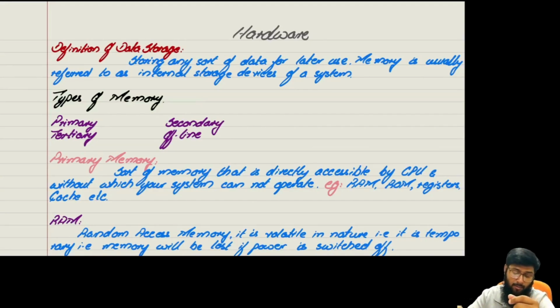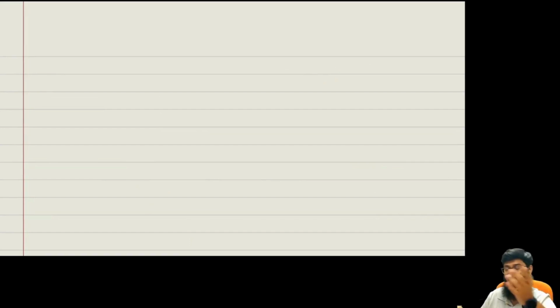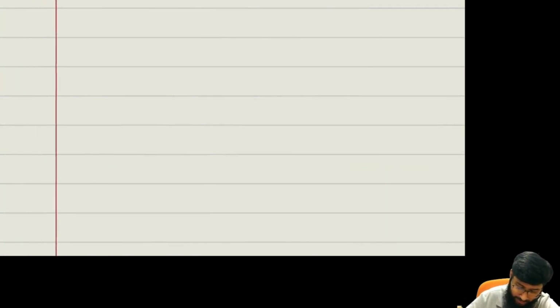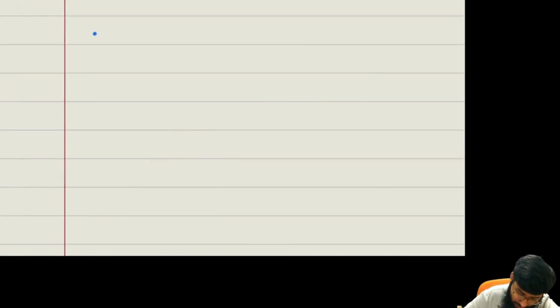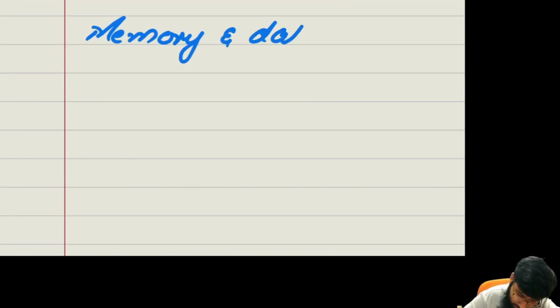Today we are going to start with a new topic regarding hardware. The hardware topic is divided into three categories. What are those three categories? The first one is memory and data storage. The other one is computer architecture.